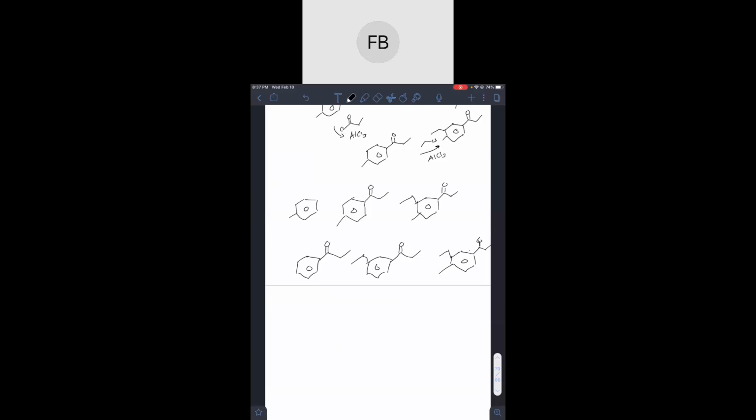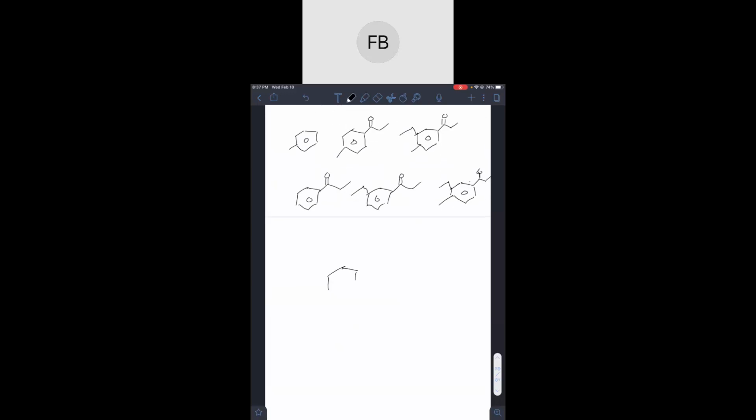All right, so it seems like a lot of people really don't know, but it's basically because this is really deactivating. That's a huge deactivating step. Our yield for this would be so low. Remember the difference in numbers? When you have something very activating on a benzene ring, let me change this to A. If I had something very activating versus something very deactivating, the activating one would be like 75, and the deactivating one would be like 4.2 times 10 to the negative 5.